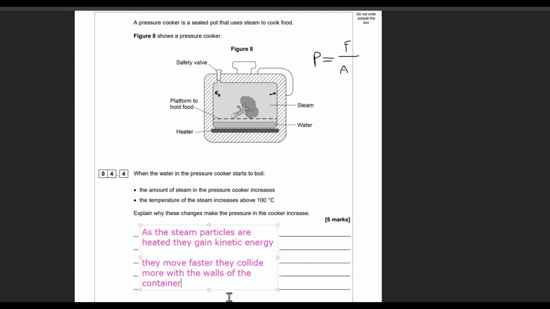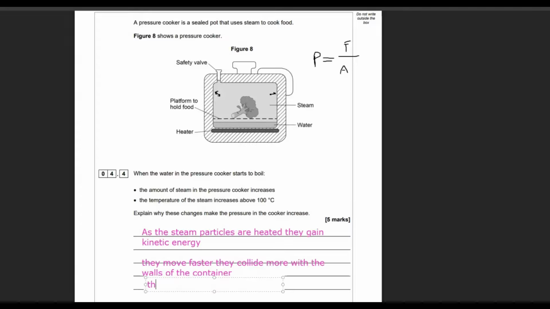So we get more collisions with the walls of the container, so a greater force is exerted over the area of the walls of the container. So what are the 5 marks for?